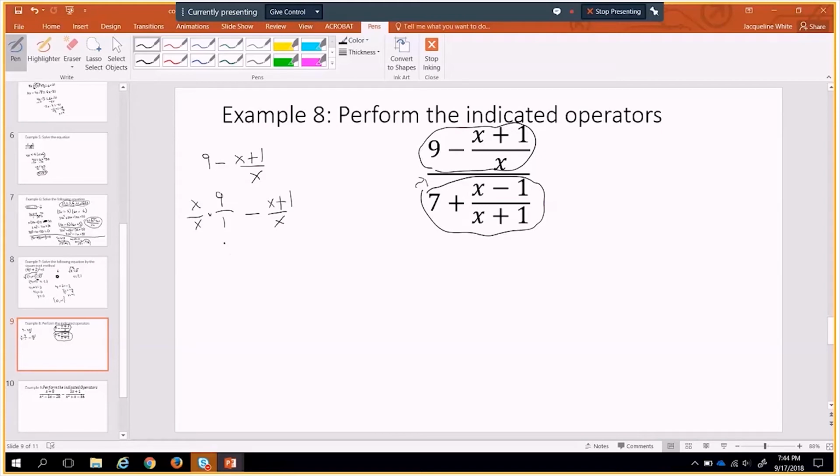So if we do that, it's going to be 9x over x minus x plus 1 over x. And now we can combine this as 9x minus x plus 1 all over x, all right?